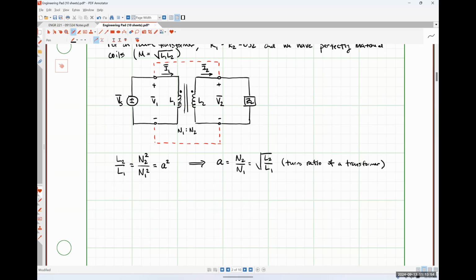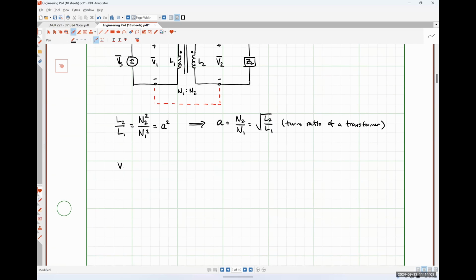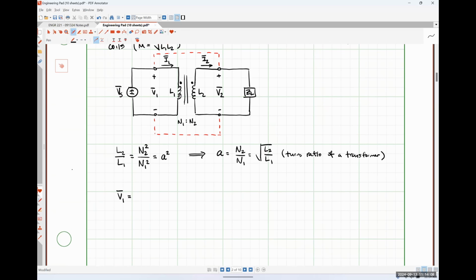Let's take a look at some things here. My induced voltage V1, using the laws that we've developed in class, what should this be? My positive polarity terminal is at the dot, and it looks like my current is flowing into the dot.